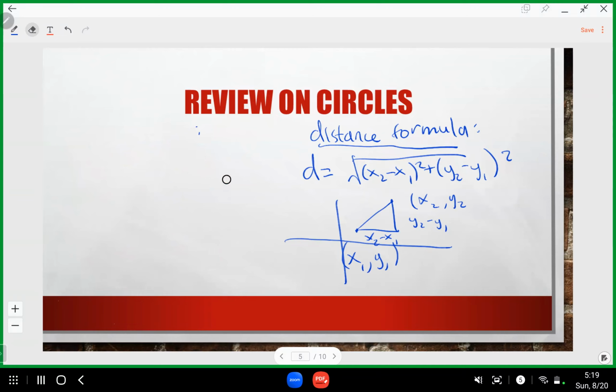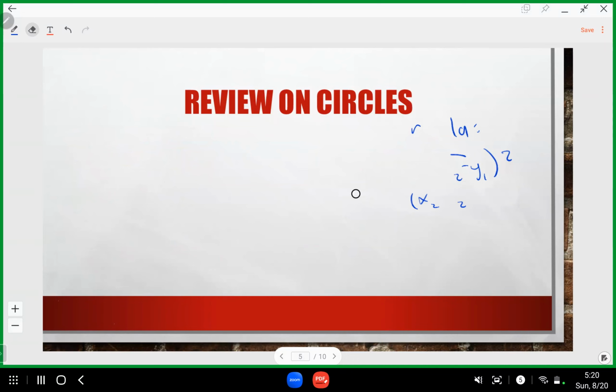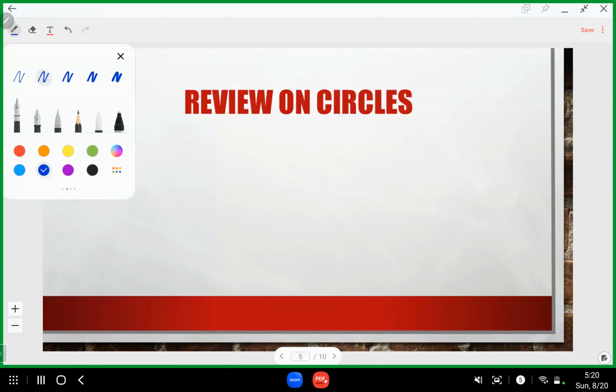Don't worry, I won't erase these completely. I'll put them up there somewhere. And then we can actually go over the equation of a circle, because I do see some new students that may not remember what the equation of a circle is. So let's just put our formulas up here.